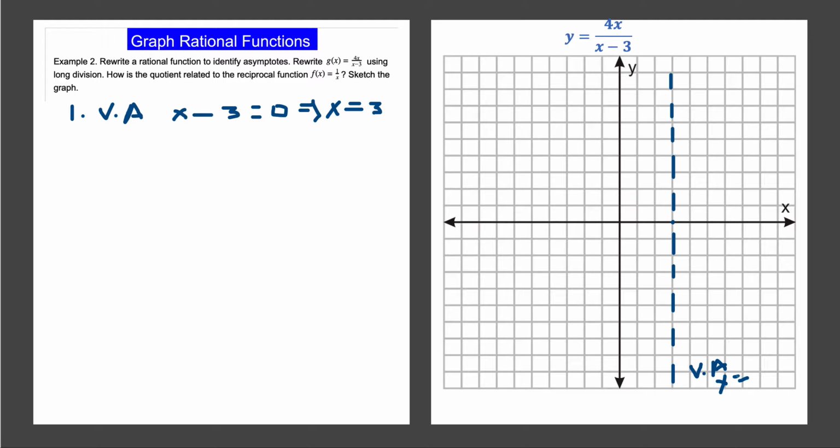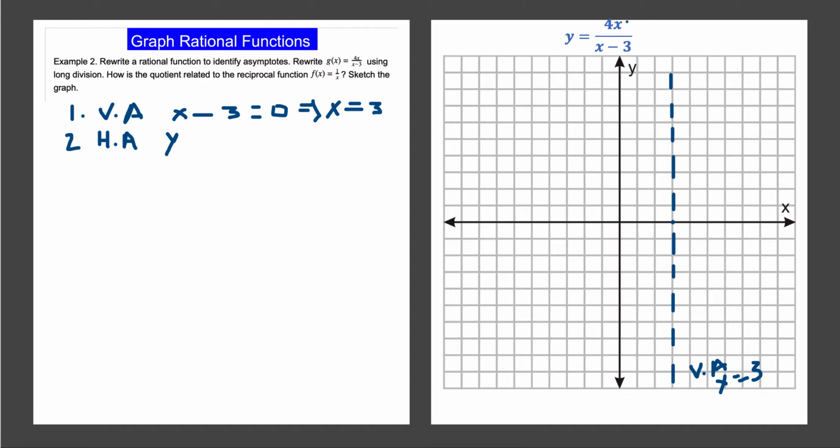Now I am going to find the horizontal asymptote. We have some rules. If the degree of the numerator and the degree of the denominator are the same, then the horizontal asymptote is the leading coefficient of the numerator divided by the leading coefficient of the denominator. Here they have the same degree.